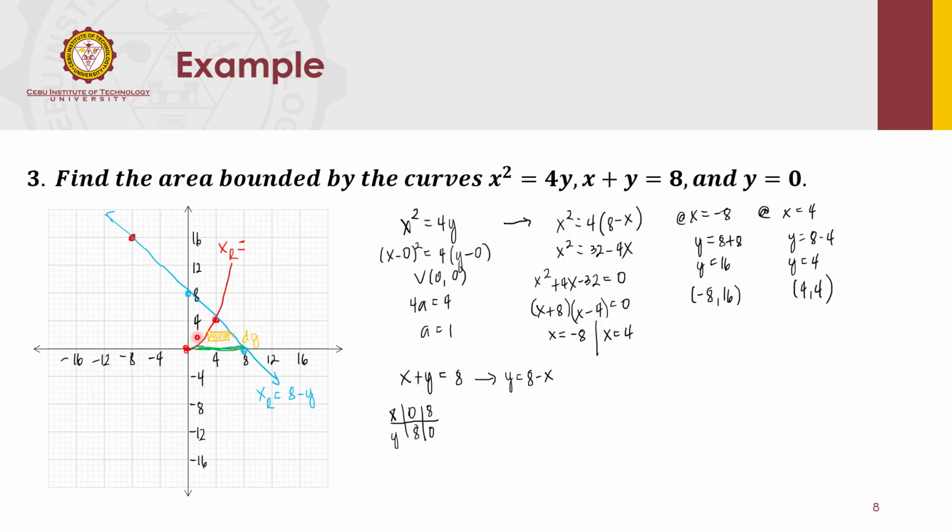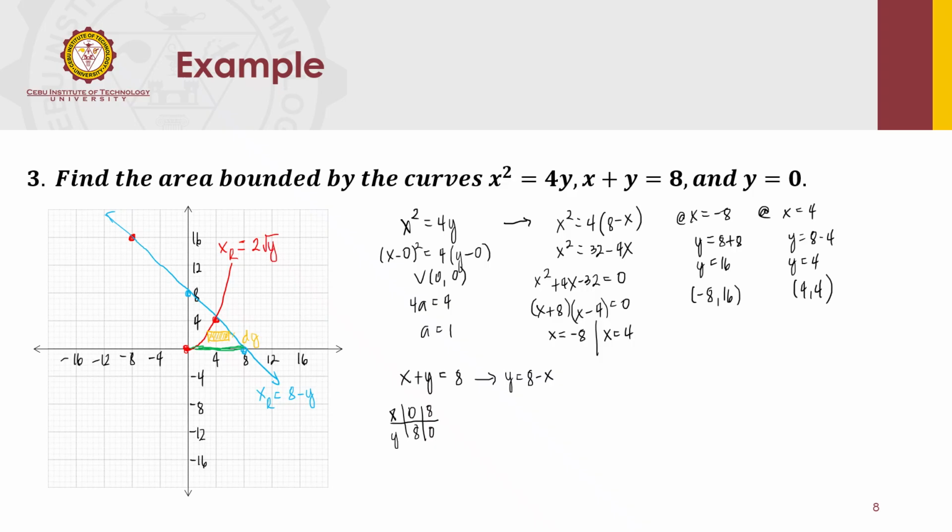So make sure to use the correct sign. It should be in the first quadrant, so x values here should be positive. So x is positive square root of 4y, or 2 times square root of y.